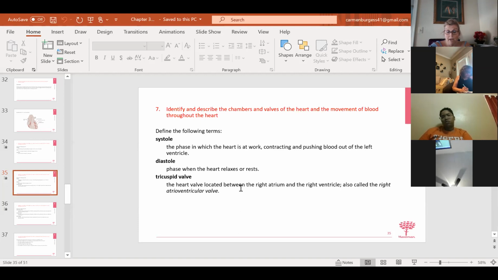The right atrium, right? And what kind of blood is that? Deoxygenated. So that blood goes to the right atrium and it has to go through this valve to the right ventricle. When you picture the heart, you're picturing that blood flow, but we're now talking about the valves. Just know that that valve is located between the right atrium and right ventricle.